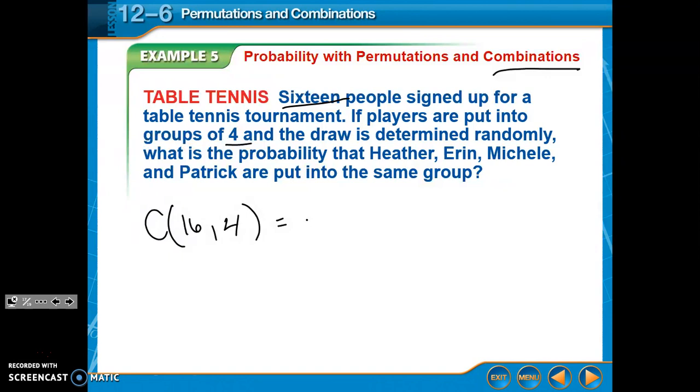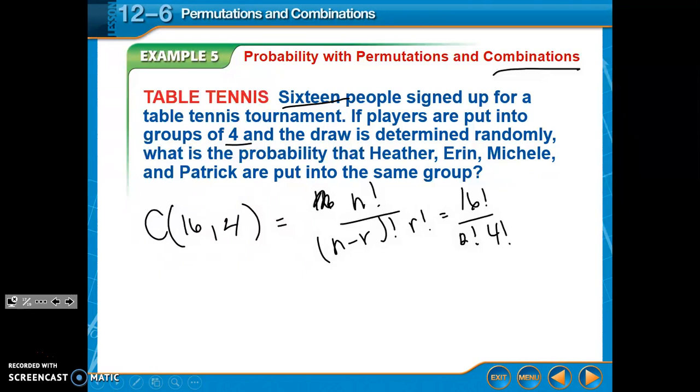My formula again is n factorial over n minus r factorial times r factorial. So this is going to be 16 factorial over 16 minus 4, which is 12 factorial, and then r is 4 factorial. If I put that into my calculator, I'm going to get 1820.